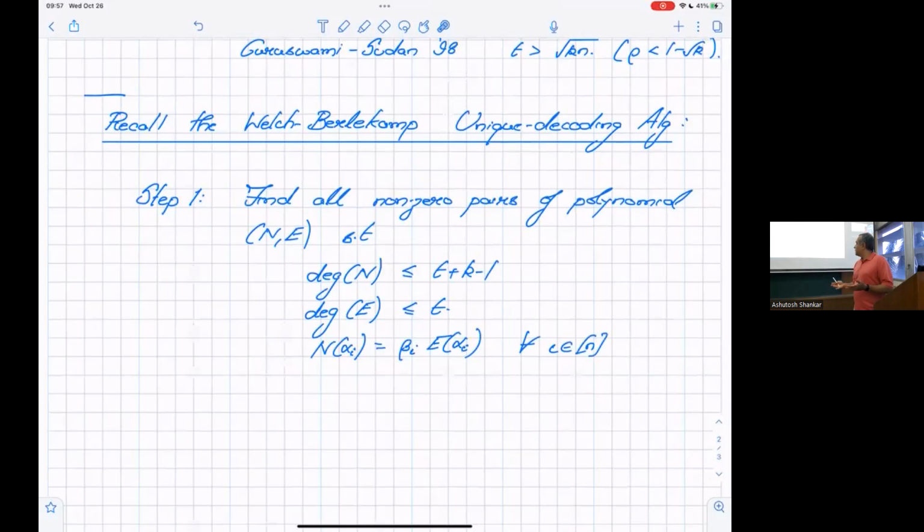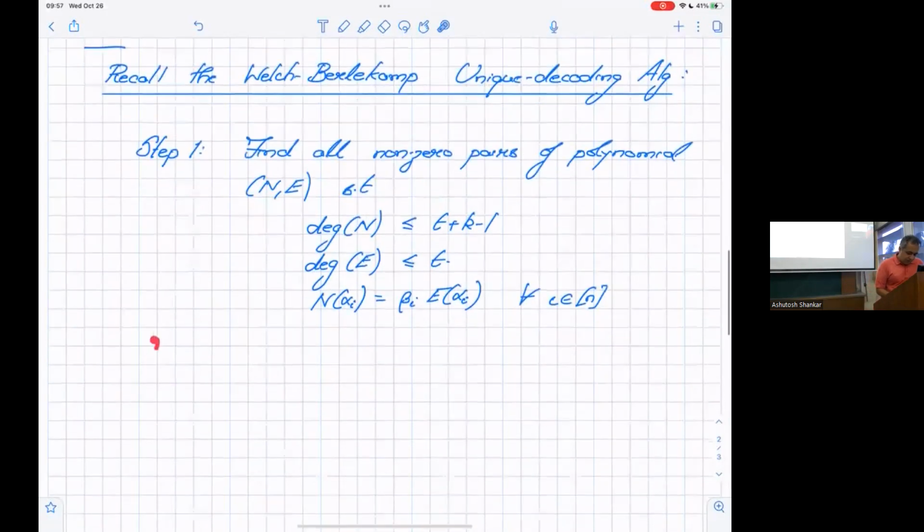It is just stated by the fact that the number of variables is more than the number of equations, so there will be a non-zero solution. That's exactly what we did. So step 1 was this, and in step 2, we just saw that you output N by E.